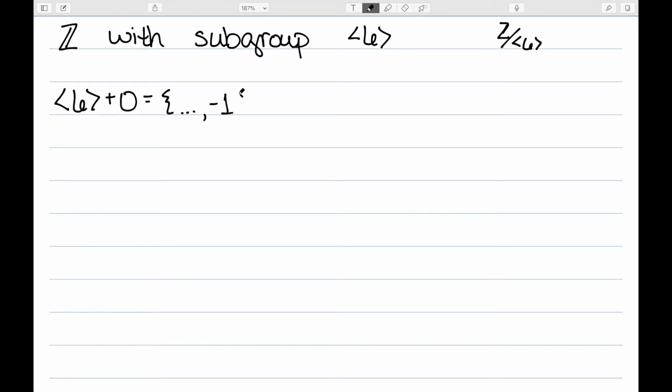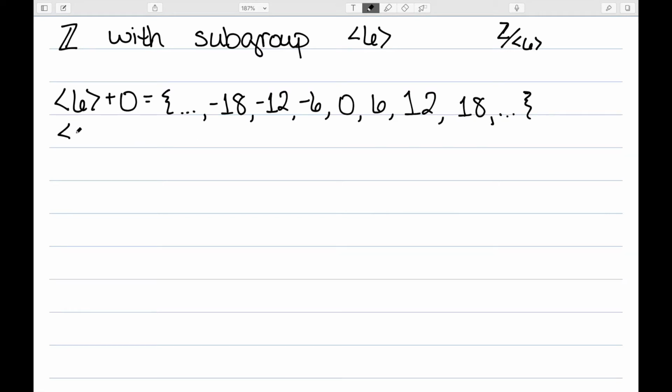That's negative 18, negative 12, negative 6, 0, 6, 12, 18, etc. I could have the group generated by 6 plus 1.